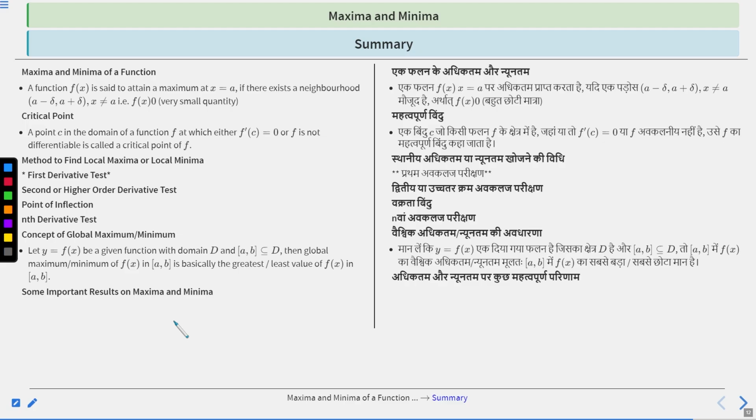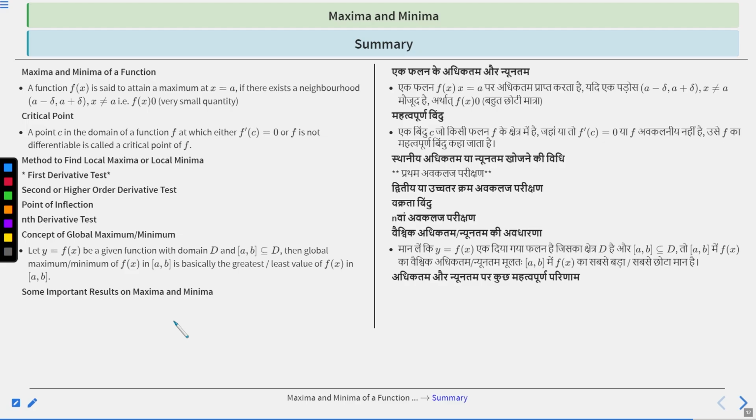Also you have to remember that you must take the end points also, right? Clear? Because sometimes, in place of critical points, end points become maxima or minima, so you must check end points also, right?